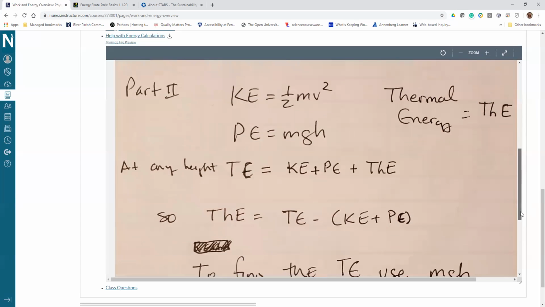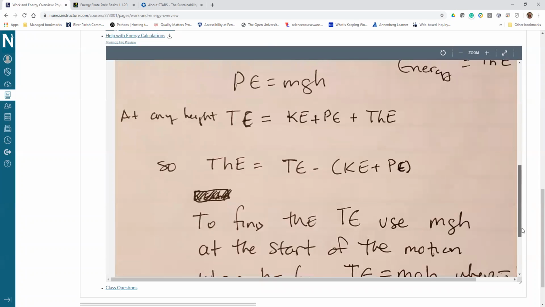And so to get the thermal energy, at any height, the total energy equals kinetic plus potential plus thermal. So the thermal energy, I just did an algebra thing, means to take the total energy minus the kinetic plus the potential. Well, the question then is, what is the total energy?